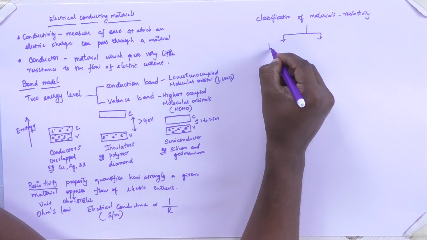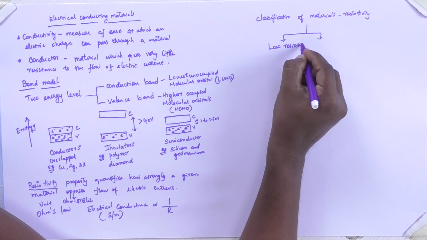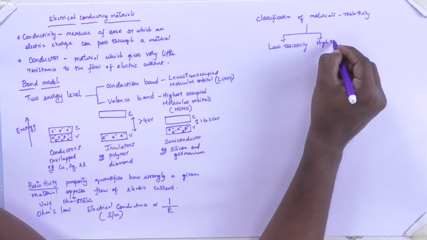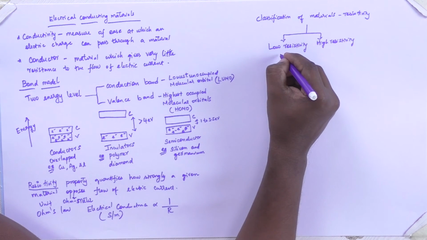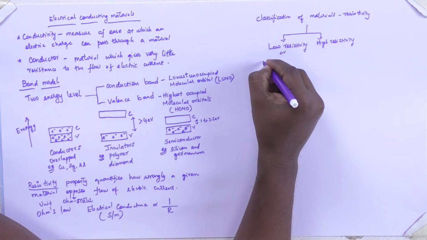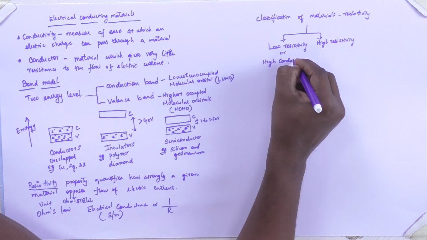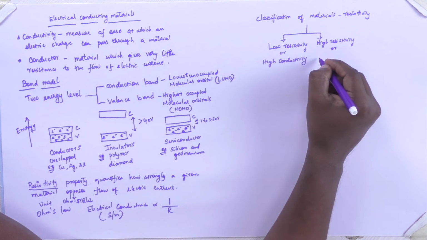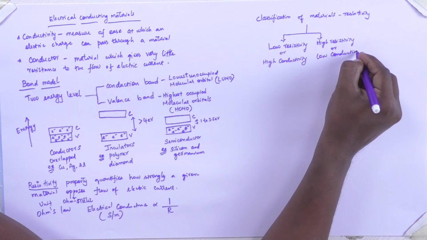The first one is low resistive materials and the second one is high resistive materials. These materials are otherwise called high conductivity material and this one we call low conductive materials.